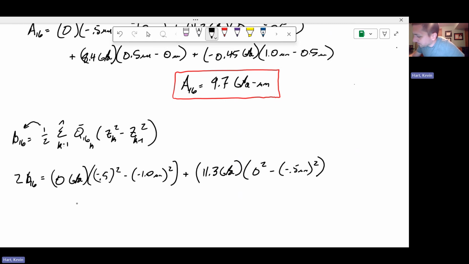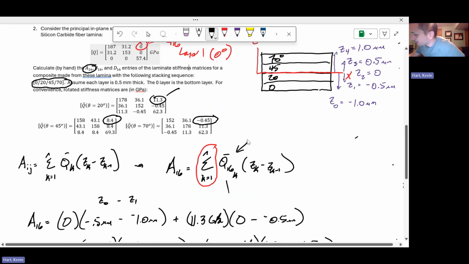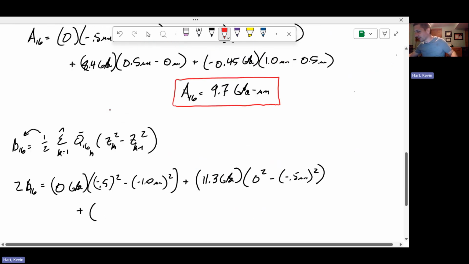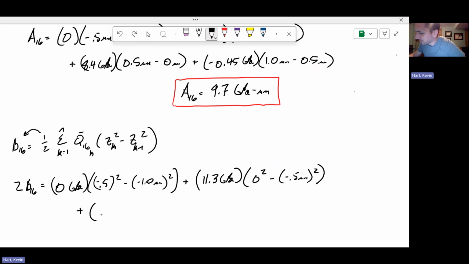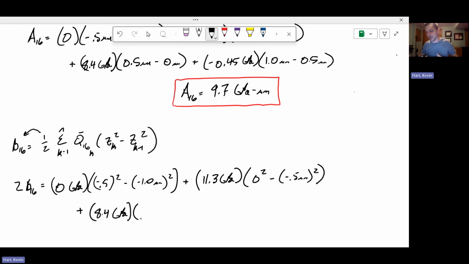Plus, we're on to the third layer now. The third layer is the 45-degree layer. So the 16 entry of the 45-degree layer is 8.4. This is going to be Z3 squared minus Z2 squared, so 0.5 millimeters squared minus 0 squared, which is Z2.